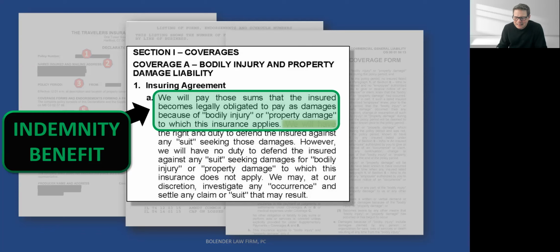The first sentence is the promise to indemnify the policyholder, the insured, and this means that if the insured is held liable, the insurance company will pay the third-party plaintiff the amount of the judgment. That promise is limited under a CGL form to compensatory money damages because of property damage or bodily injury.